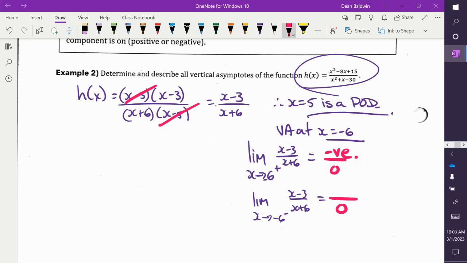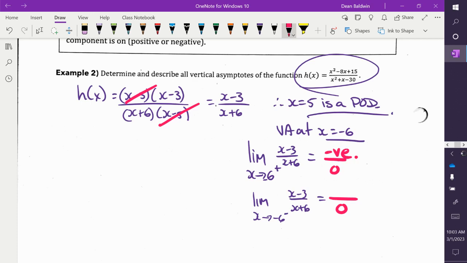Now, this is the tricky part. You're coming towards negative 6 from the positive side. As you move closer to it, is the bottom positive or negative? If I put negative 5 in there, do I get a positive or a negative number? Positive, right?